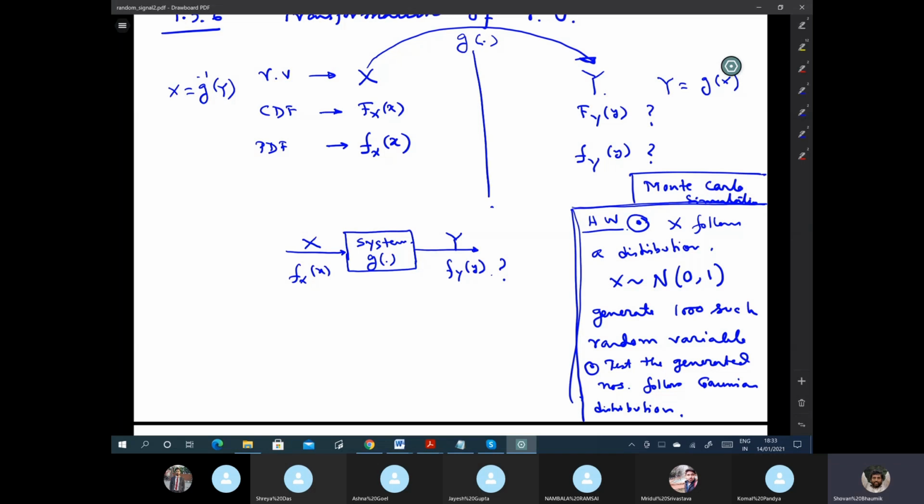Suppose you give me 1,000 random numbers which follow a Gaussian distribution of zero mean and unity variance.